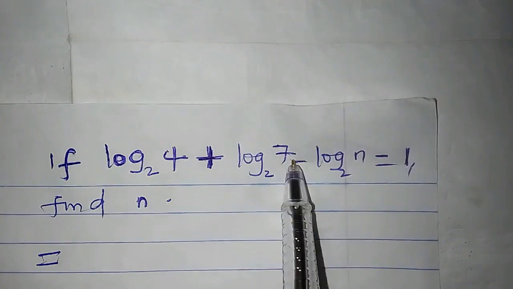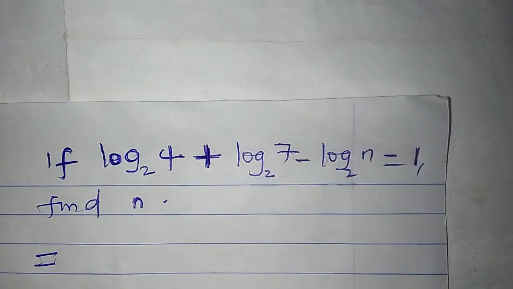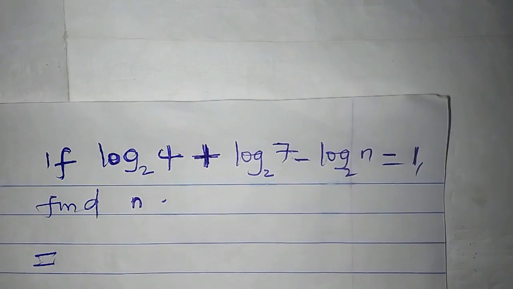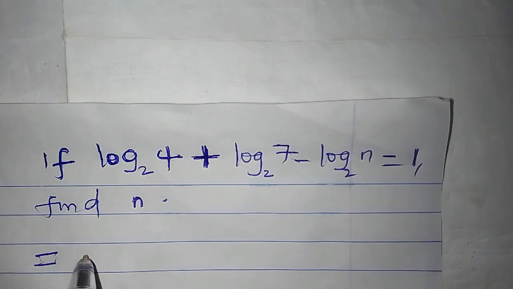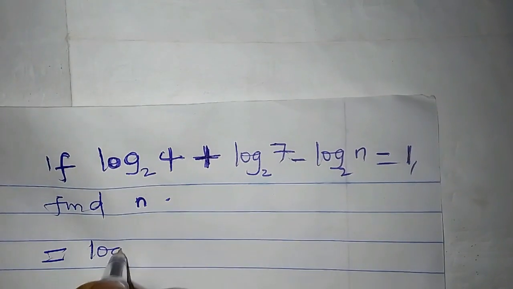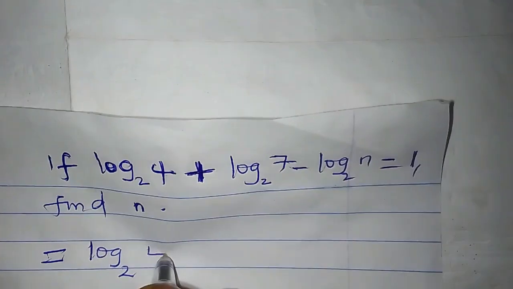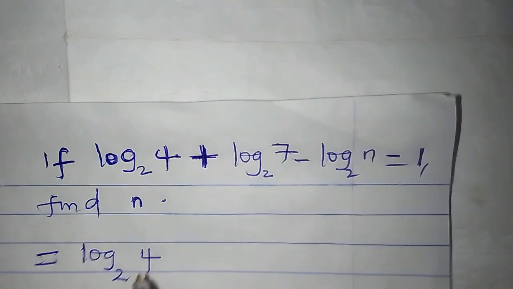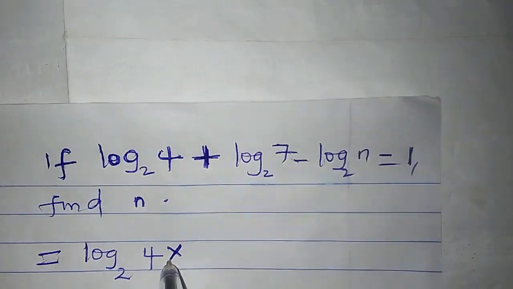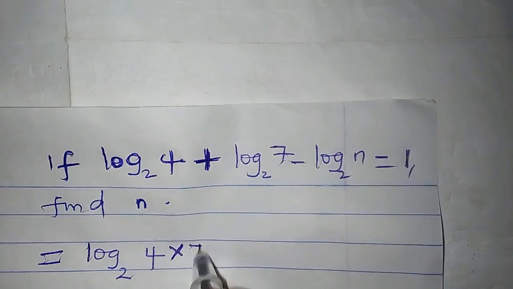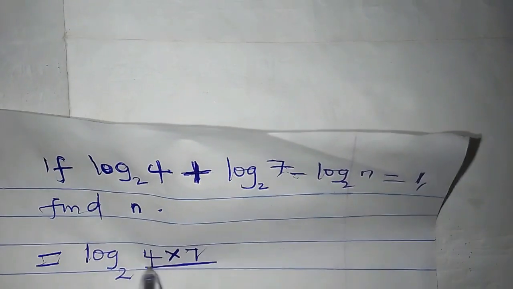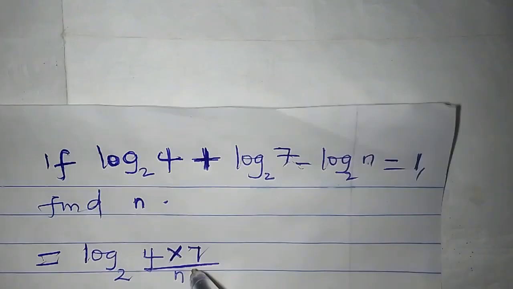This is plus, this is minus. The bases are the same. So based on what we've done earlier by the law of logarithm, this is equal to log to base 2 of 4. This plus here means that I will multiply by 7. This minus here means I will divide by n.